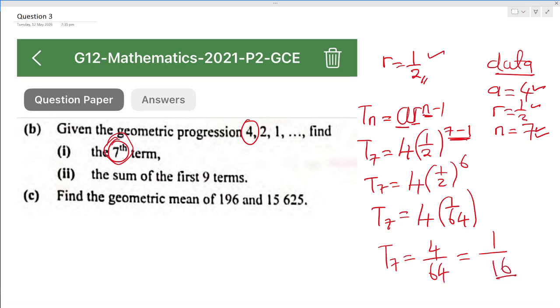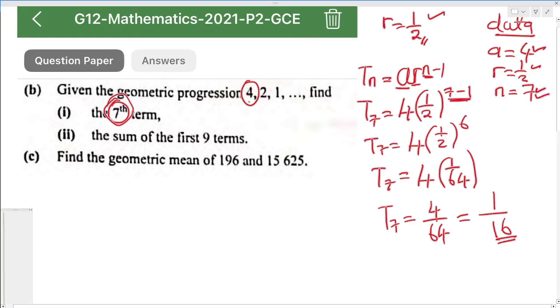So term number 7 gives us 1 over 16, and we are done. Do you have any questions? Okay, we proceed. There are no questions.